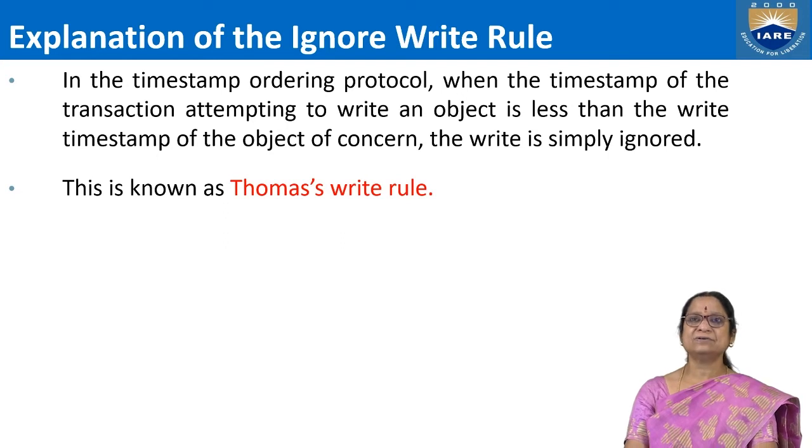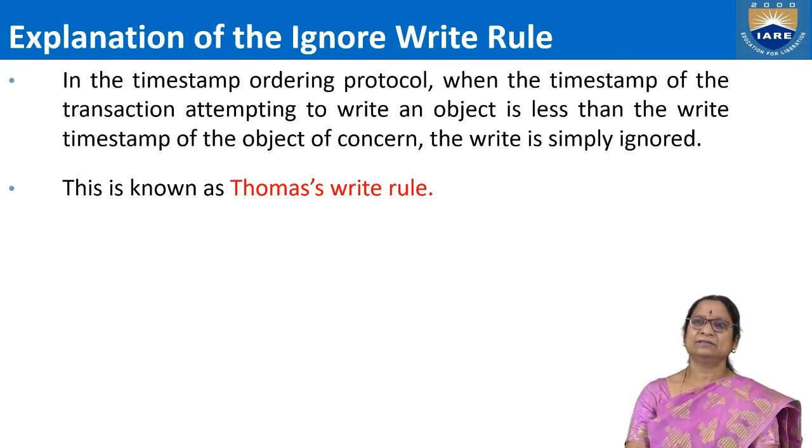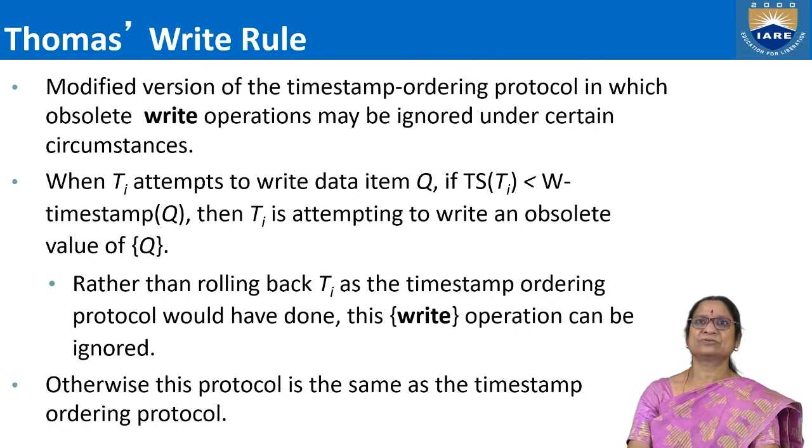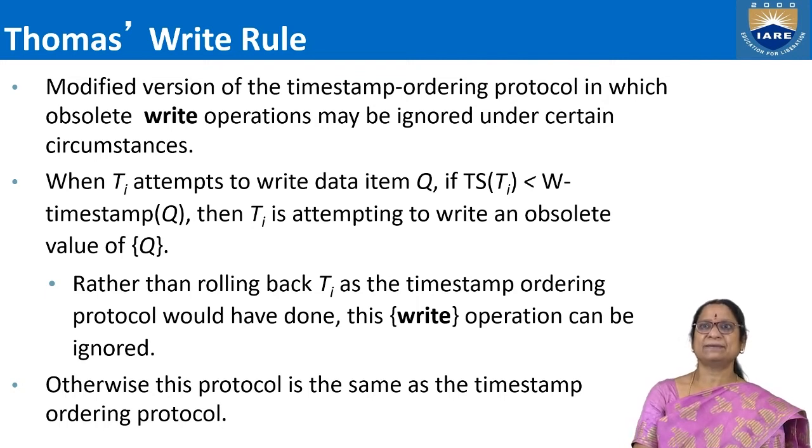If you follow this rule, then cascading rollbacks can be somewhat avoided. This is known as the Thomas Write Rule. It is a modified version of the timestamp ordering protocol in which obsolete write operations may be ignored under certain circumstances.